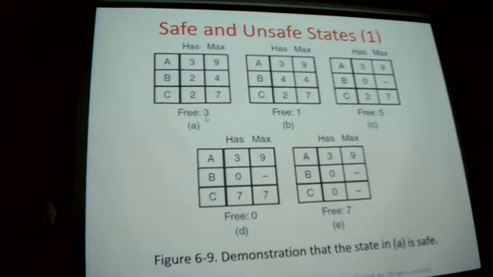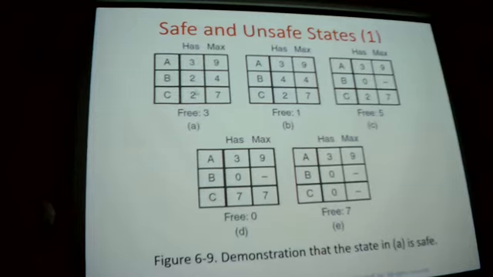For example, there are a total of 10 resources. We know that 3 plus 2 plus 2 is 7, so 7 resources have been allocated.